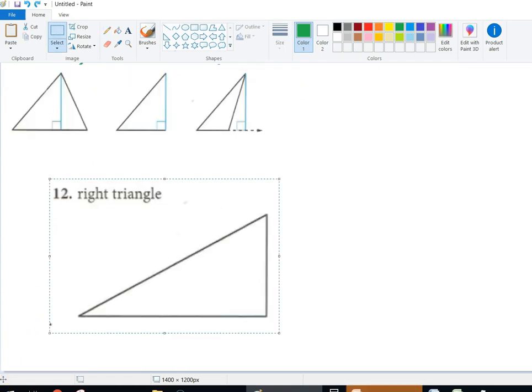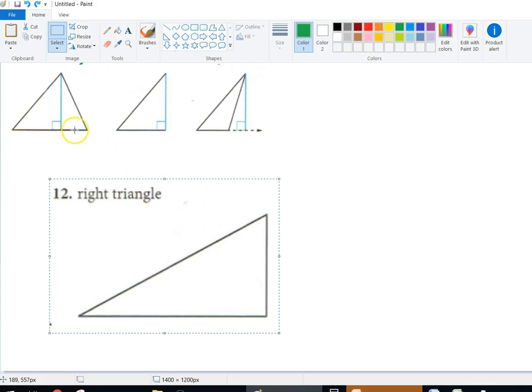Number 12 says copy each triangle and draw the altitude from each vertex. Then make a conjecture. So we need to review the altitudes that we were shown in the book, and there are different places that altitudes will drop depending on the type of triangle.